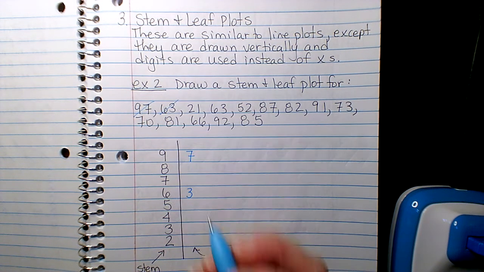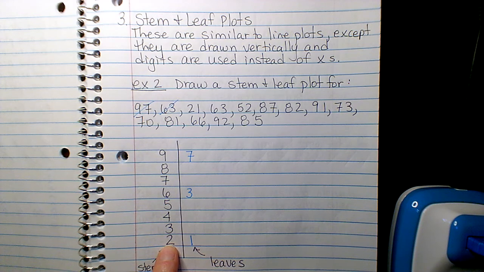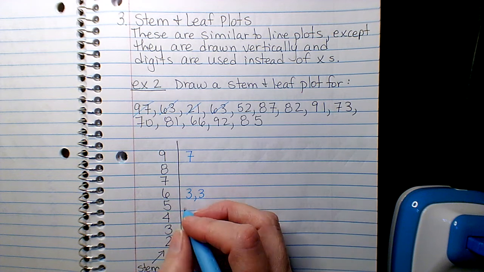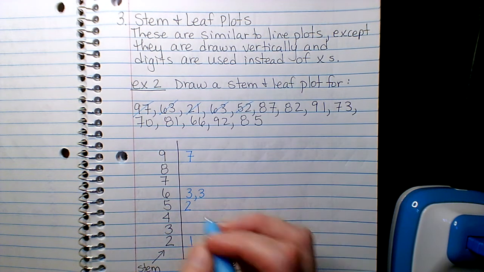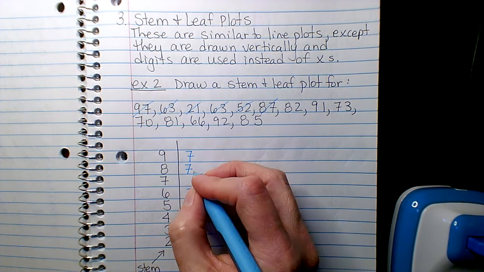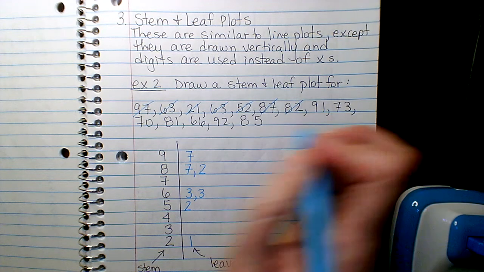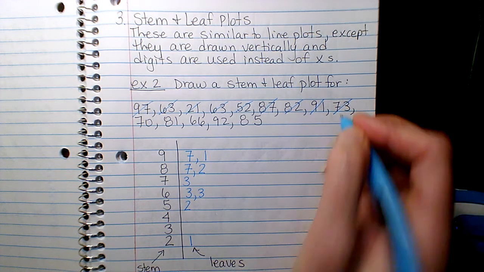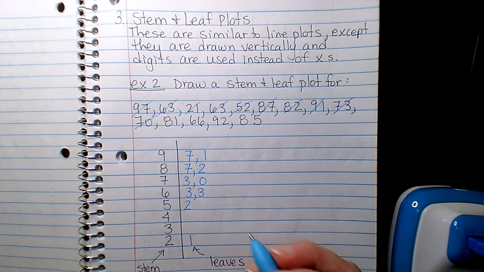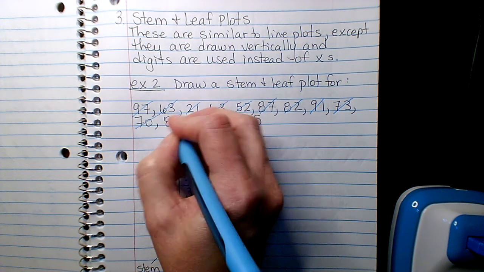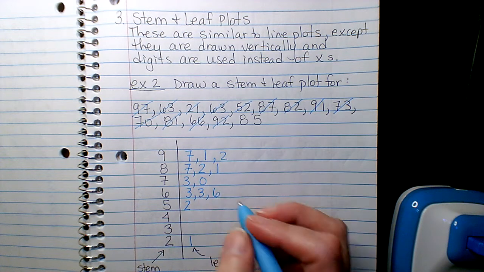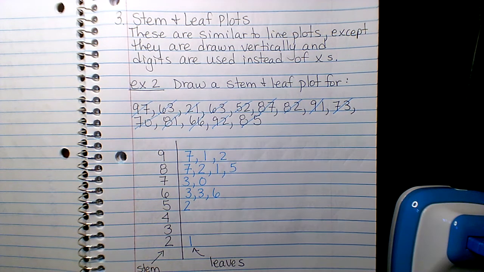There's a leaf. 21, so there's my 20. 63, I'm going to come over here, got another 3. 52, 87, 82, 91, 73, 70, 81, 66, 92, and 89.